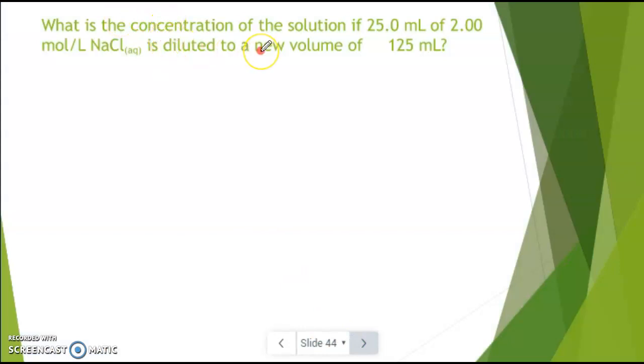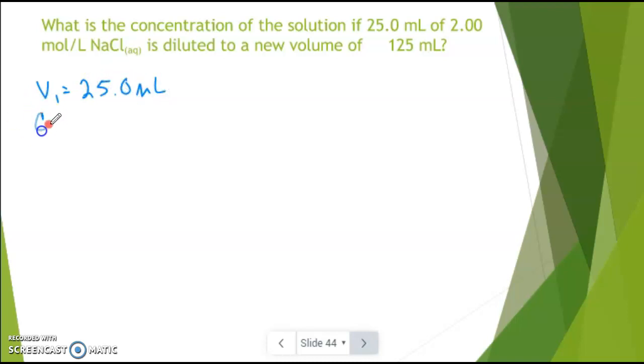Let's do another question here. These are pretty straightforward. What is the concentration of the solution if 25 milliliters of 2 moles per liter sodium chloride is diluted to a new volume of 125 milliliters? Start and write out what we know. We have an initial volume of 25 milliliters.